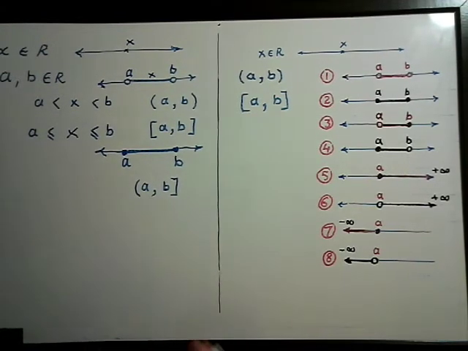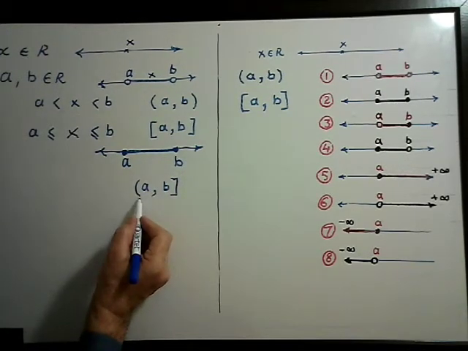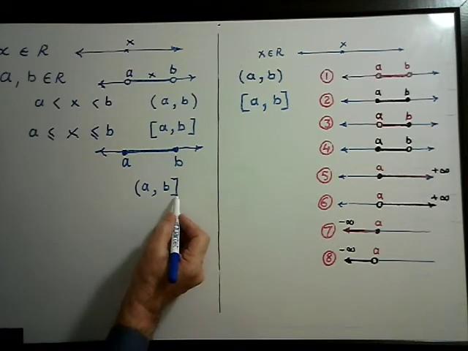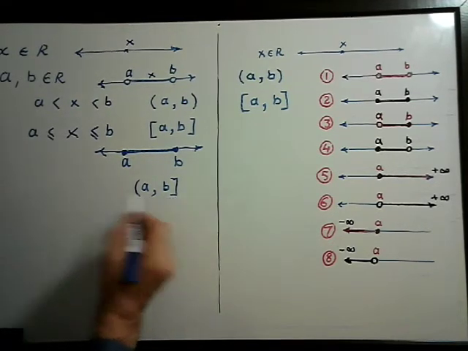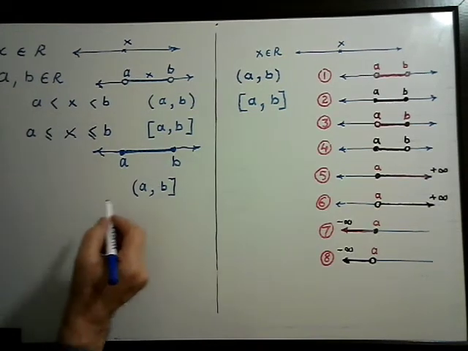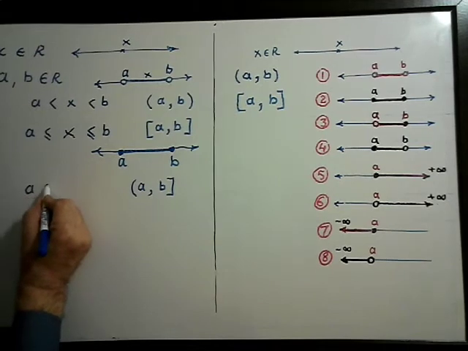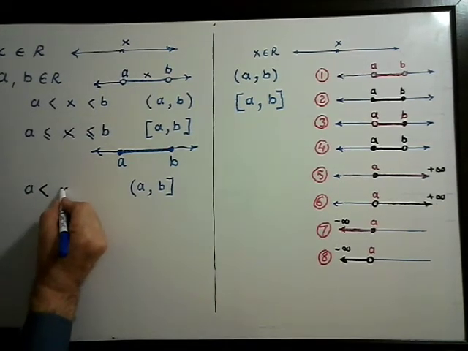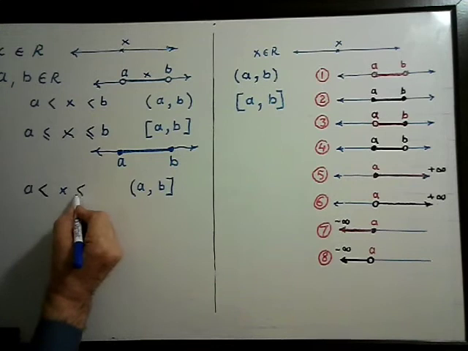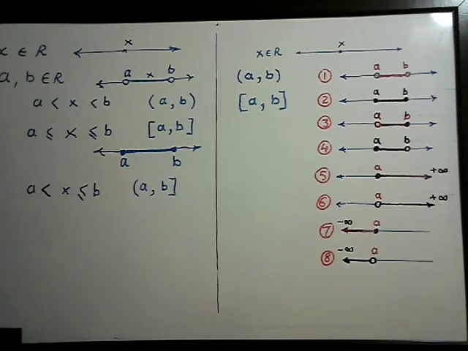Shortly we say open from low or closed from up. This can be written as a is less than x and x is less than or equal to b.